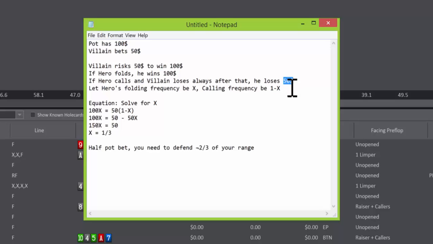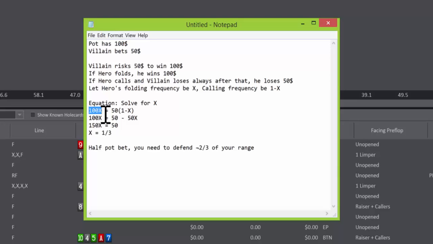So how often must hero fold in order for a villain to have a profitable or break-even bluff? We let X represent hero's folding frequency, and of course, if he calls or raises, that's 1 minus X. For now, we'll just assume he's calling. So we want to solve for X.